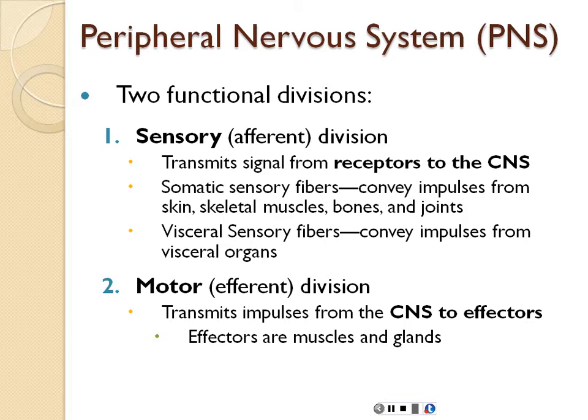Just make sure you know they mean the same. And then efferent with an E is motor. It means away from the CNS. If you look up here, it says the sensory division is further divided into somatic sensory and visceral sensory division.